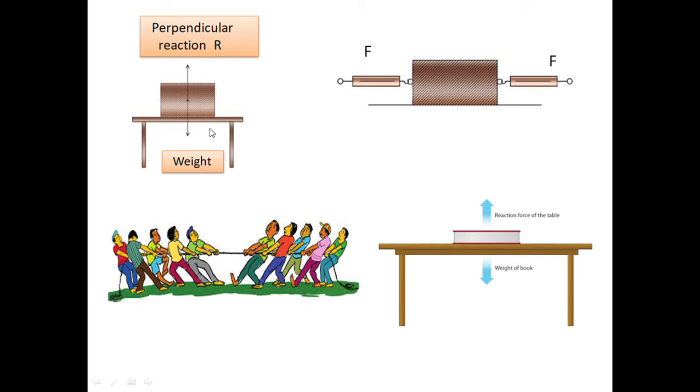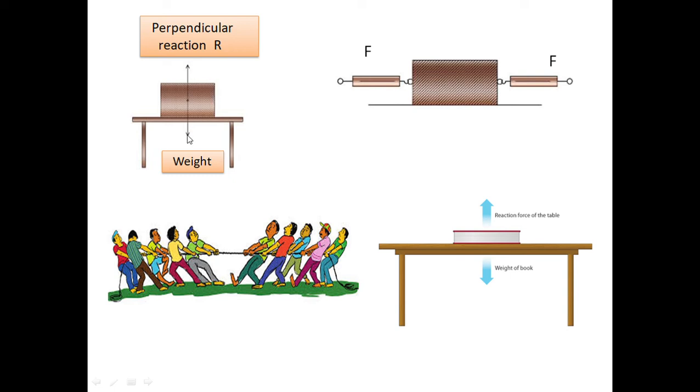What are the two forces in equilibrium? Now weight acts towards the earth. This is the weight. The reaction or the perpendicular force acting from the table is shown by this arrow. These two are equal and opposite. So the object is in equilibrium.